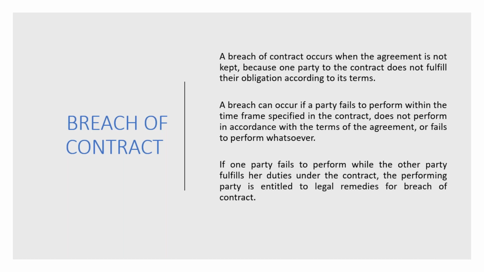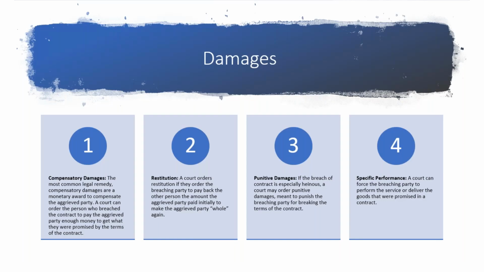If one party fails to perform under those circumstances, it will be considered breach of contract. And under that, the law does entitle the party that has been injured by the breach to certain remedies. These remedies are called damages.